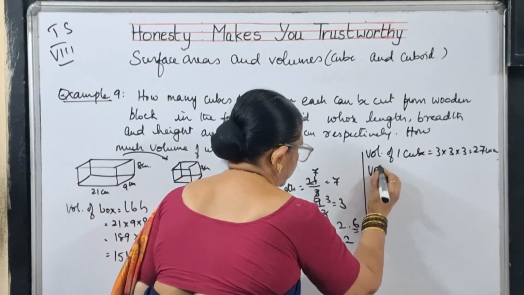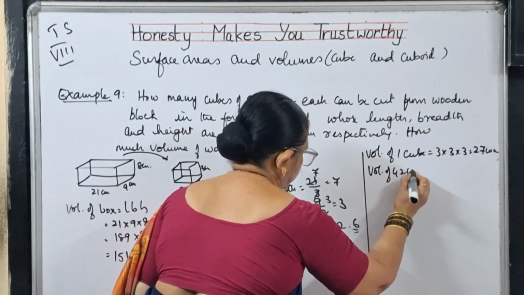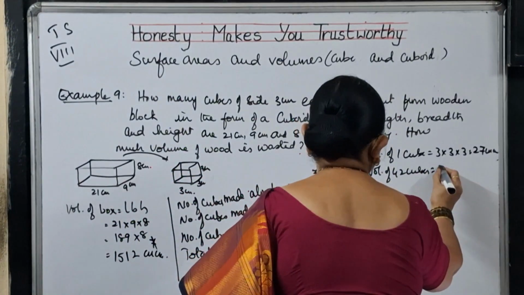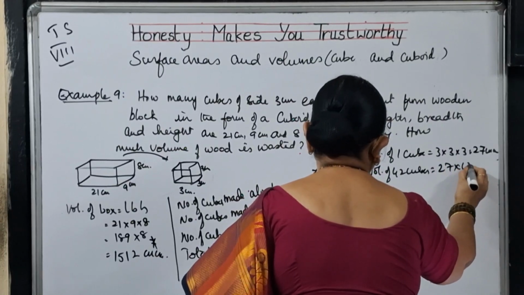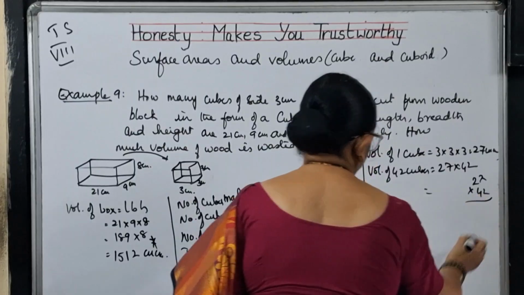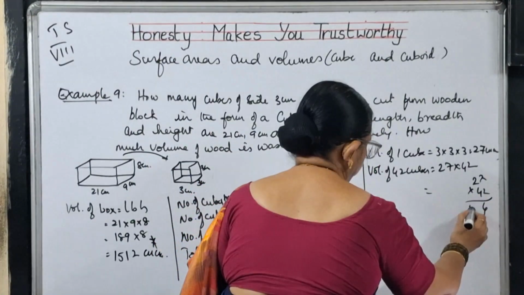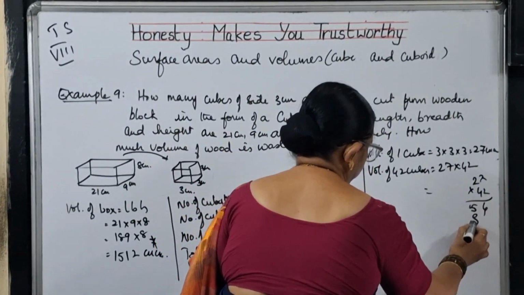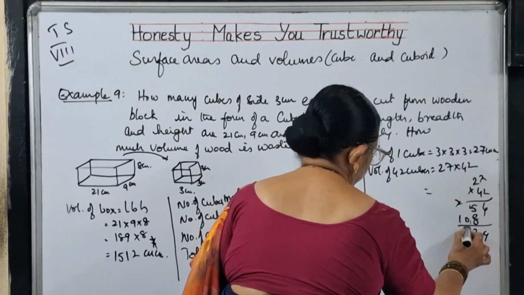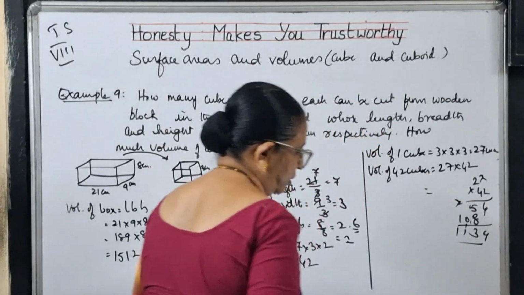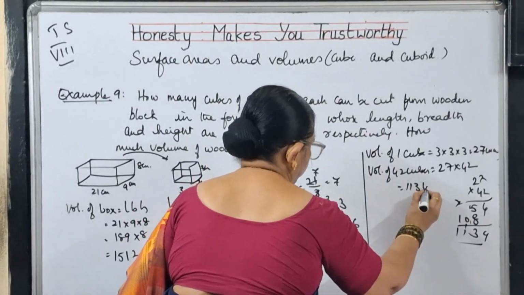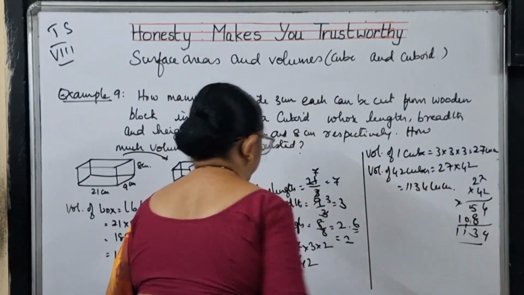So volume of 42 cubes is equal to 27 into 42, which is 1134 cubic centimeters.